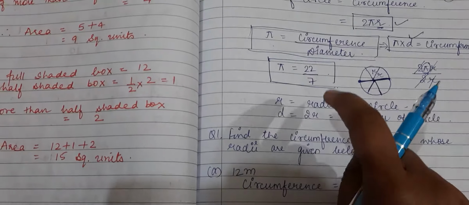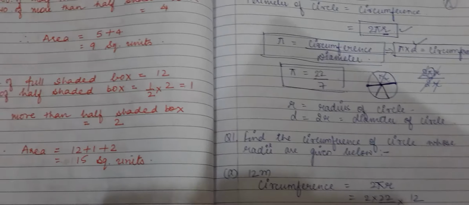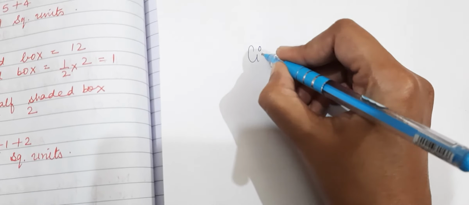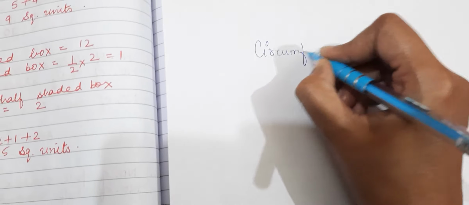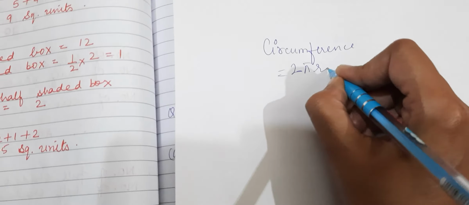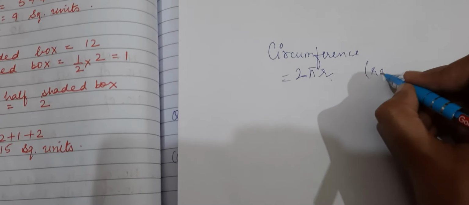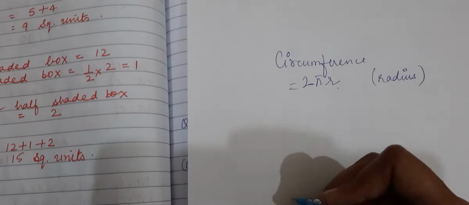Now on the basis of radius and diameter, we have two formulae for the circumference of a circle. The value of this is 2 pi r. You will apply this formula when radius is given to us.